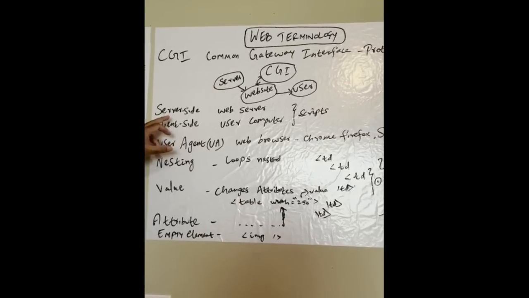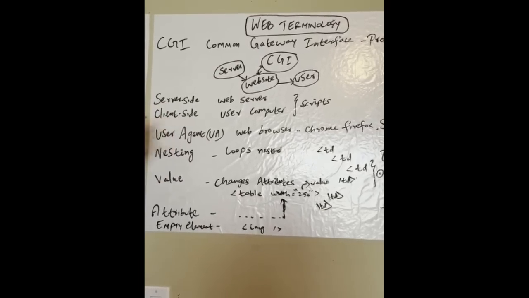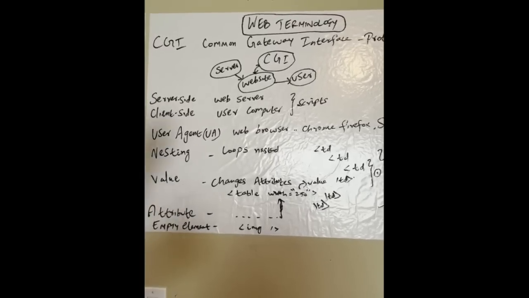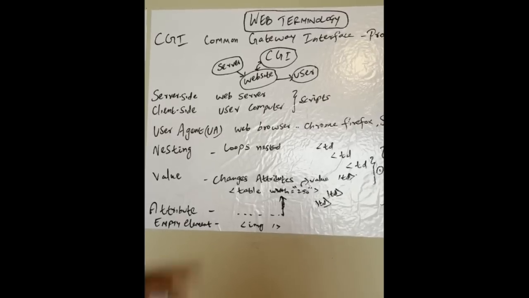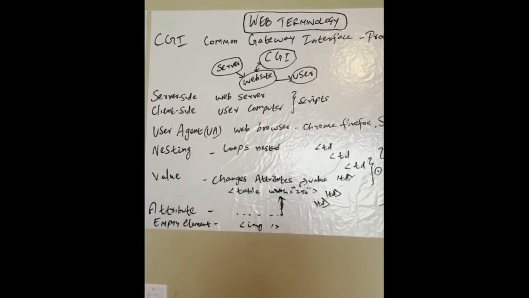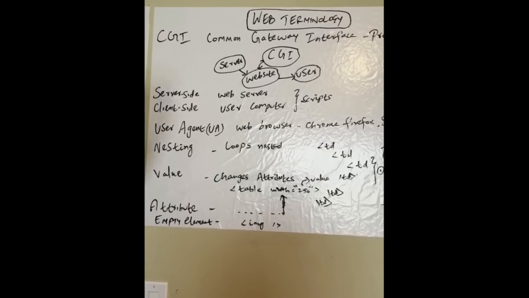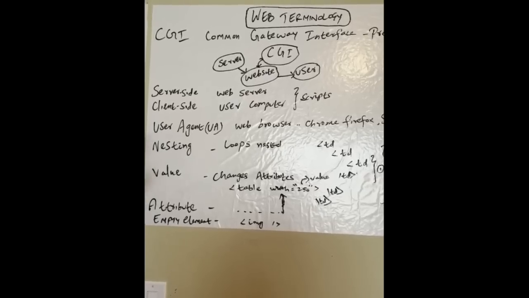And we need to be familiar with these two things, the server side and client side. Some programs execute on the server side, some on the client side. Like an applet we saw on the last one, it's on the client side. So when a web page is displayed on the computer screen, a lot of things happen on the client and the server side. We'll go in detail, step by step. Those are called scripts, code.